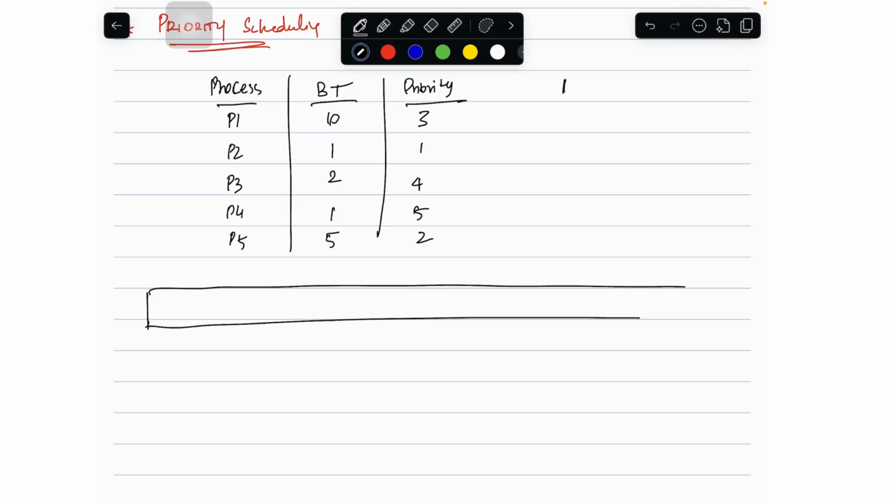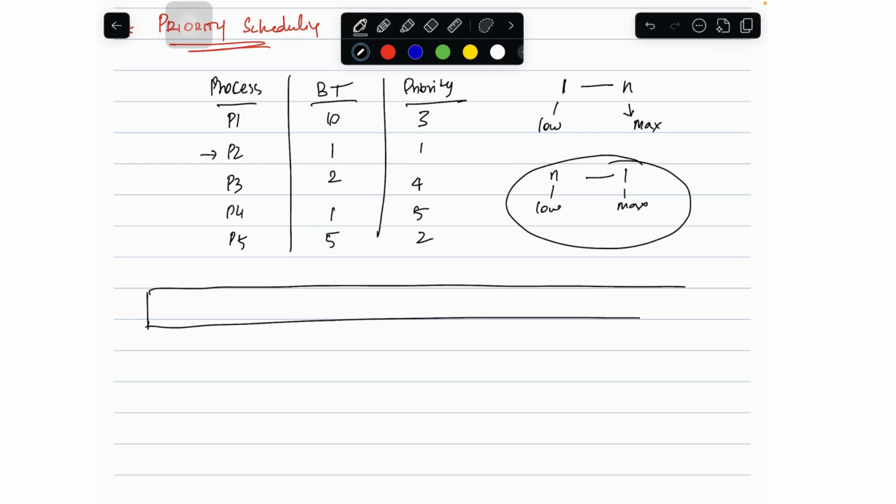The range can be from 1 to n, where n is the lowest priority. This is also acceptable. N to 1, where n is the maximum priority. This is also acceptable. So here we are going to assume that 1 is going to be the maximum and the largest number is going to be the lowest priority.